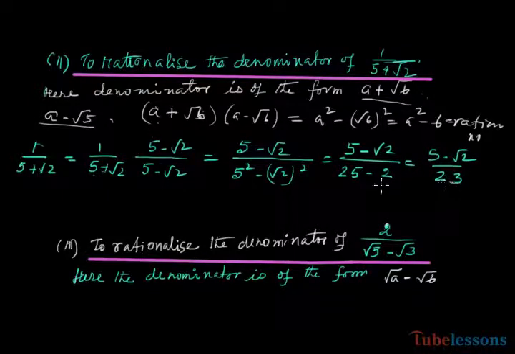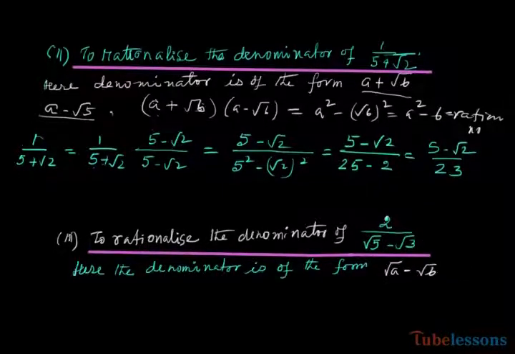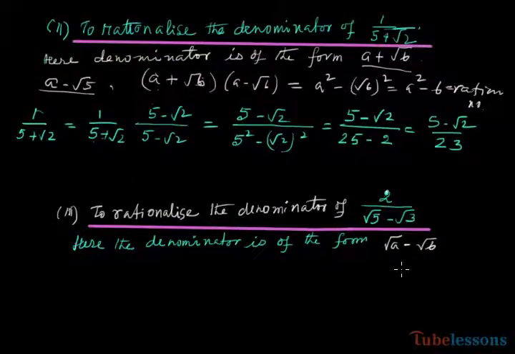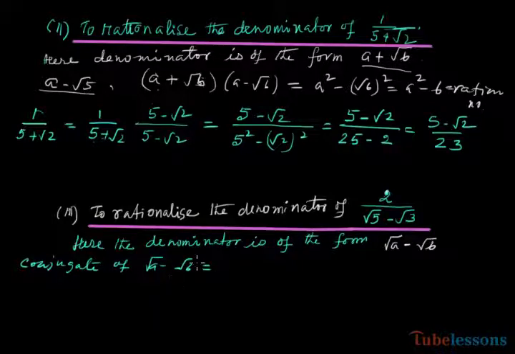The denominator is rationalized. Our next sum is to rationalize 2 divided by root 5 minus root 3. Here the denominator is of the form root a minus root b. So its conjugate, the conjugate of root a minus root b, is root a plus root b.